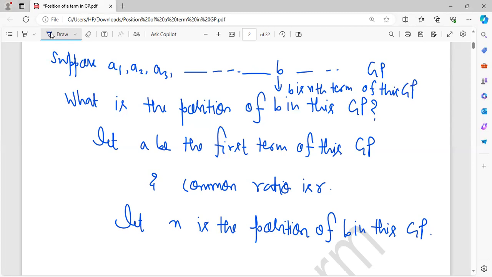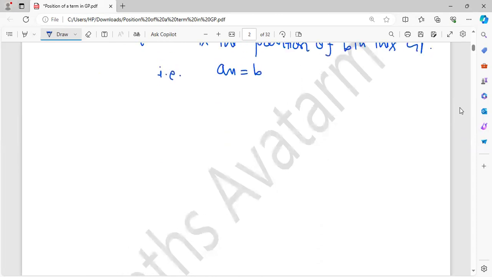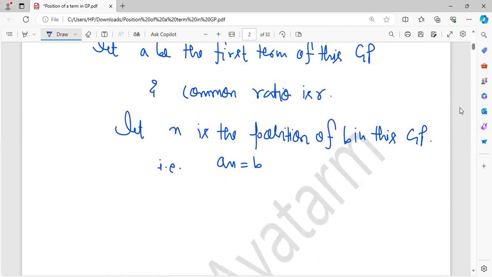If B is the nth term, it means An is equal to B. And what is the formula of the nth term in a GP? A R to the power n minus 1 is equal to B. Now you know A, you know B, and you know R. Then what will you do?